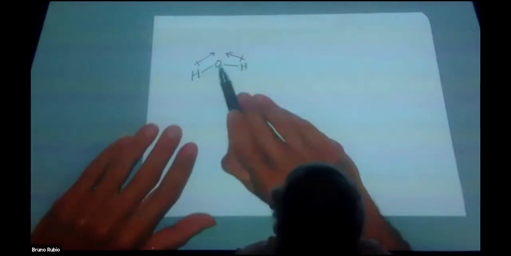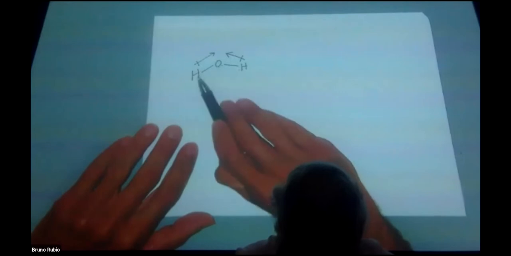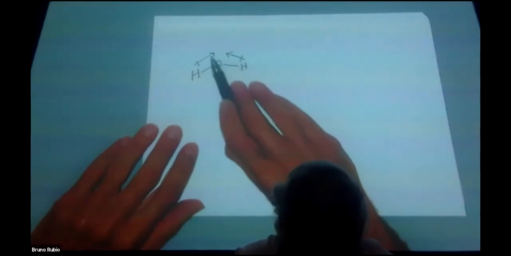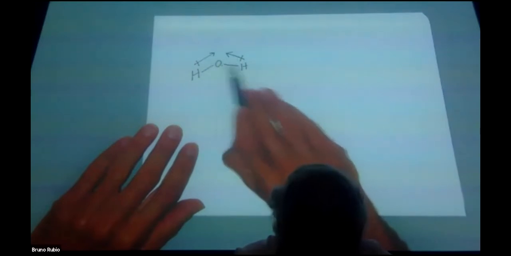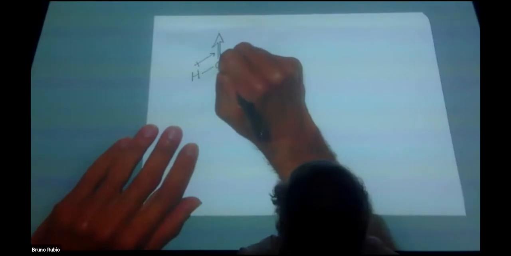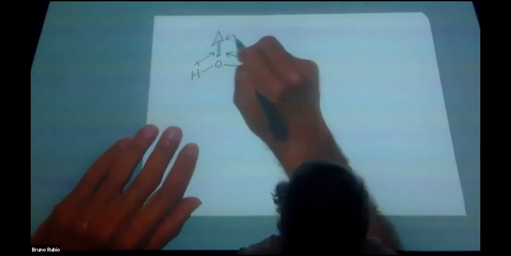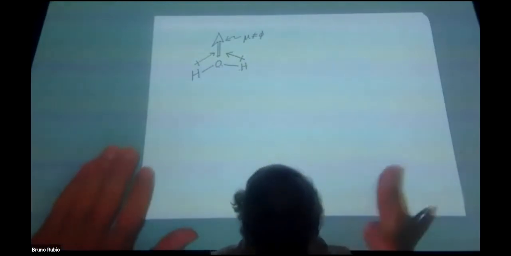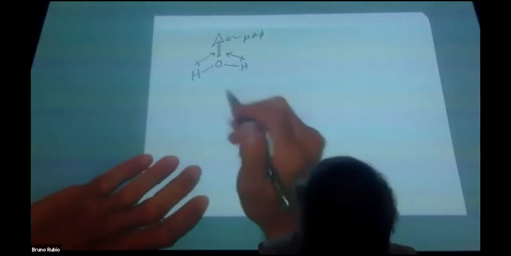Because the electronegativity difference between oxygen and hydrogen is very big, we add these two vectors and we get a huge whopping dipole moment in that direction. So water is a polar molecule. Its dipole moment is very, very large and not equal to 0.